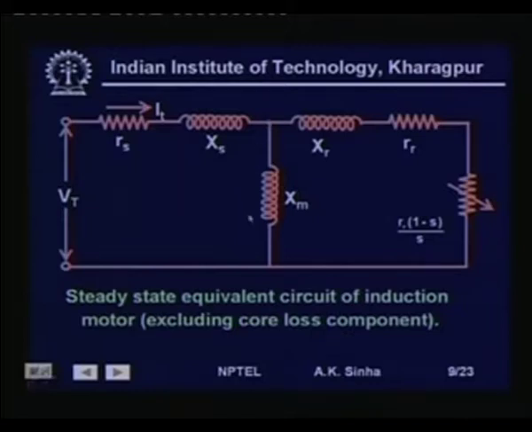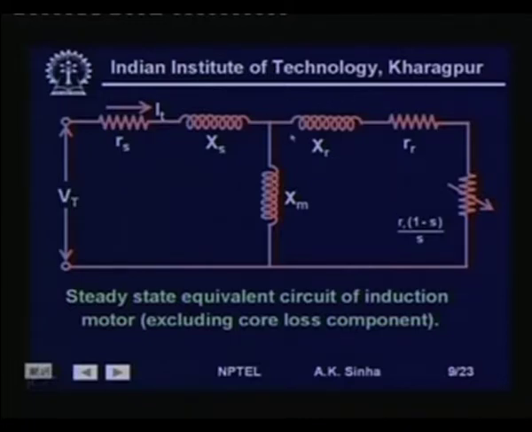The magnetizing part is represented by a reactance X m. Of course, we are neglecting the core loss part, so the resistance which we normally put in parallel with X m is neglected because that part is much smaller, and this representation of X m for the magnetizing part is good enough.